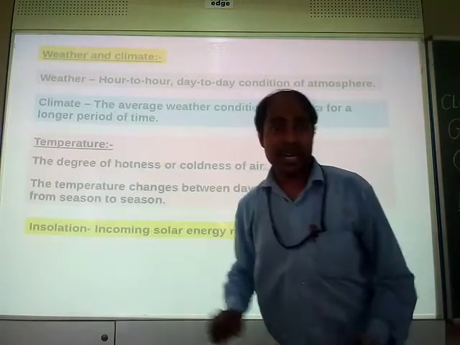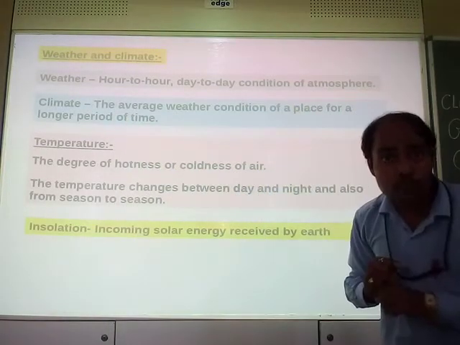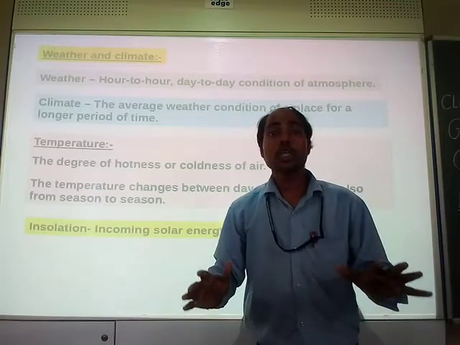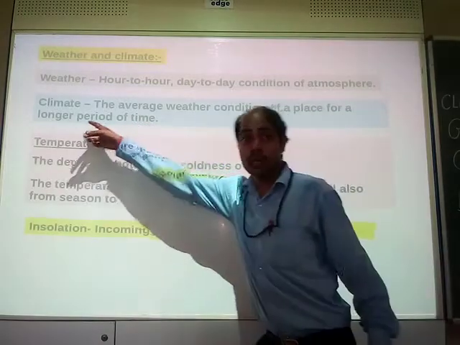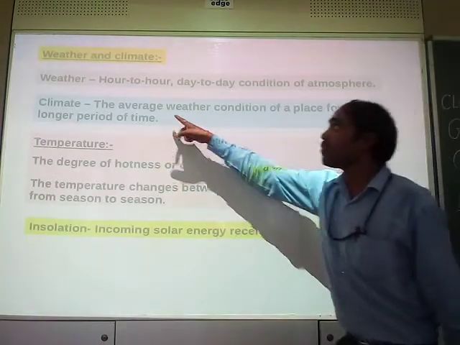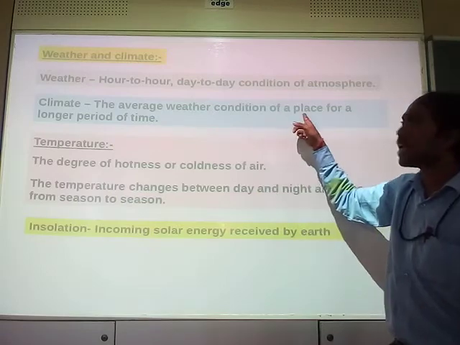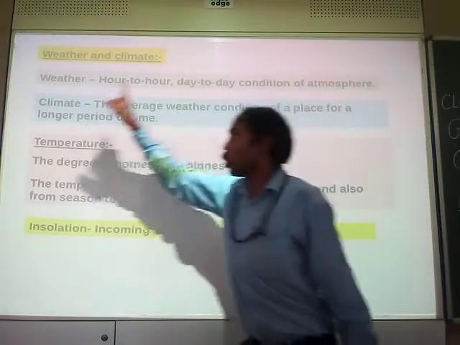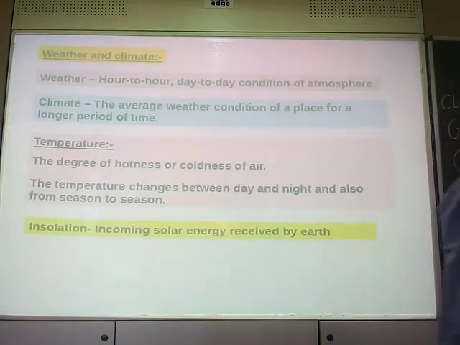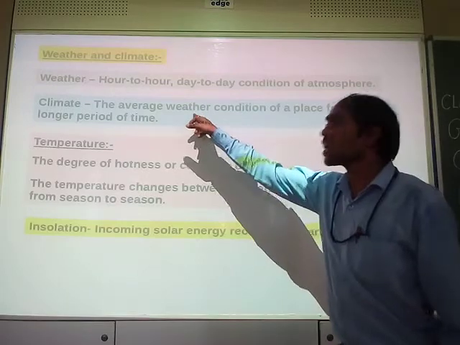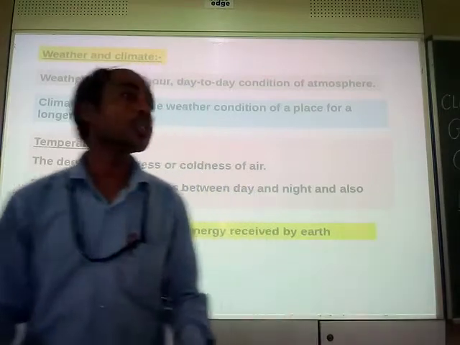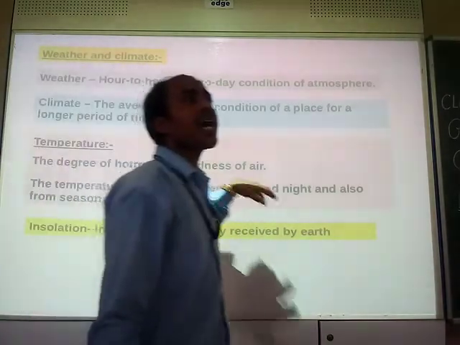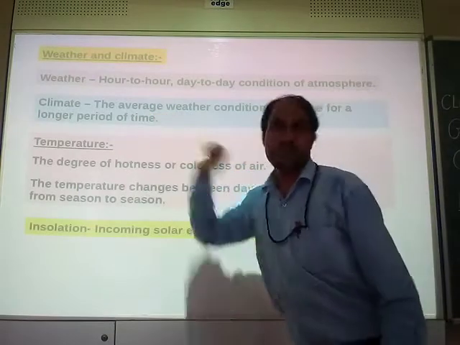Now climate, that condition of the atmosphere that remains for longer period of time is climate. So the average weather condition of a place for longer period of time is climate.